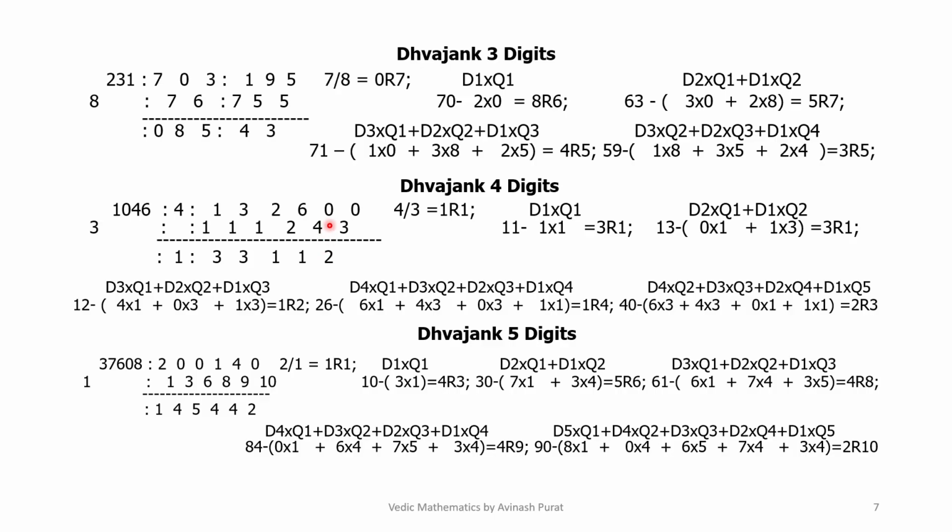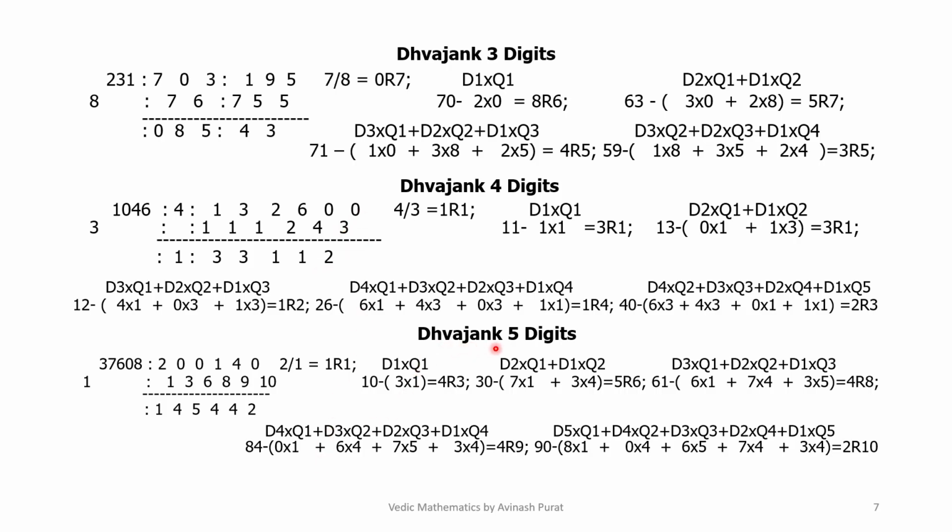So next dividend is 40 minus D4 into Q2, D3 into Q3, D2 into Q4 and D1 into Q5, which means 40 minus 6 into 3 plus 4 into 3 plus 0 into 1 plus 1 into 1, which gives you quotient 2 and remainder 3.